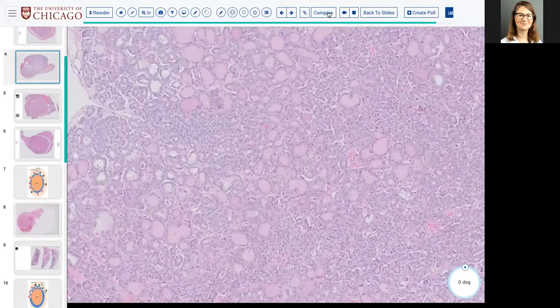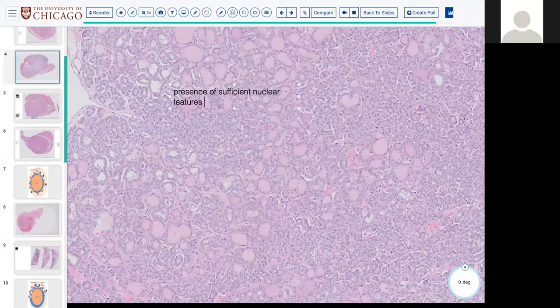So does anybody remember the specific criteria for diagnosis of NIFT-P? At least the published criteria. Like absence of nuclear features of PTC is one. For NIFT-P? Presence, not absence. Oh, sorry, presence. Yeah, okay. Yeah, I'm so sorry. All right, what else?